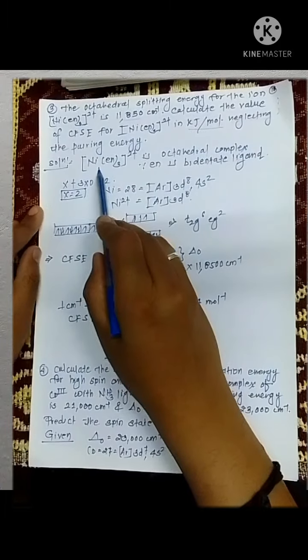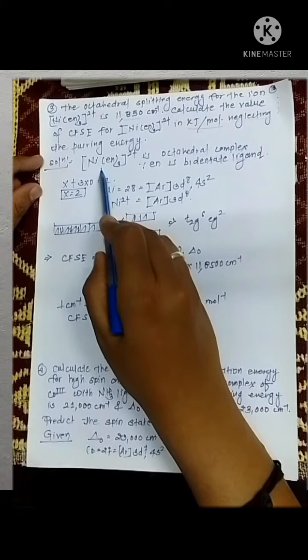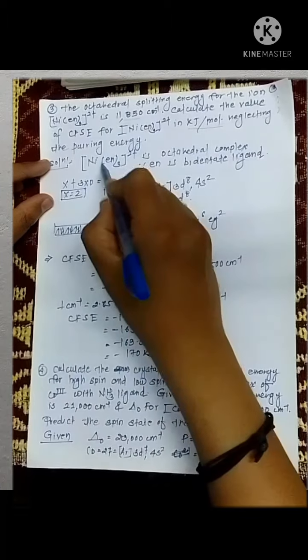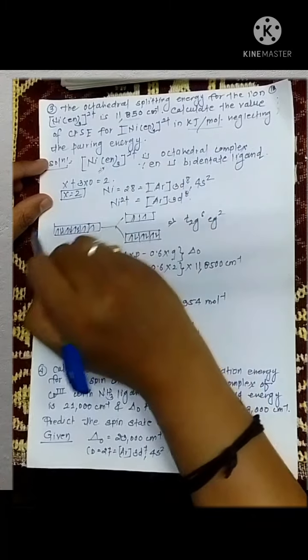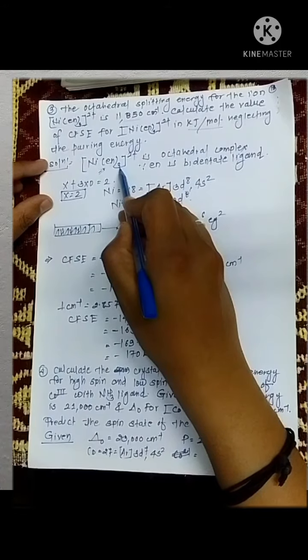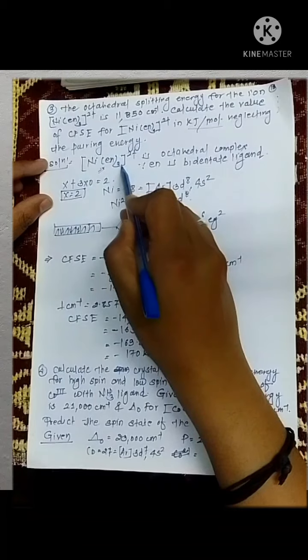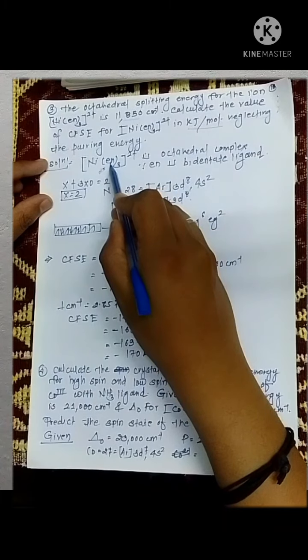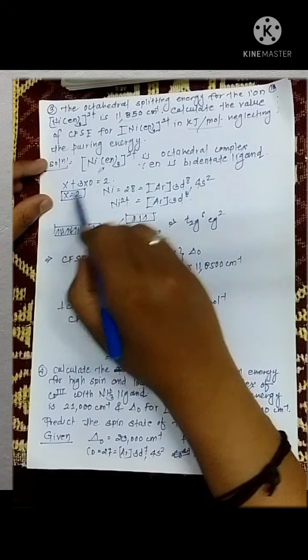So first we have to decide whether this complex is octahedral, tetrahedral or square planar. Make a note that en is a bidentate ligand. Since there are three bidentate ligands present, this complex is basically an octahedral complex.